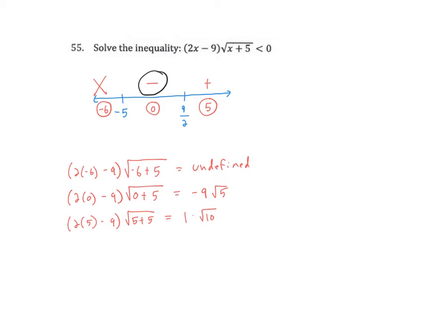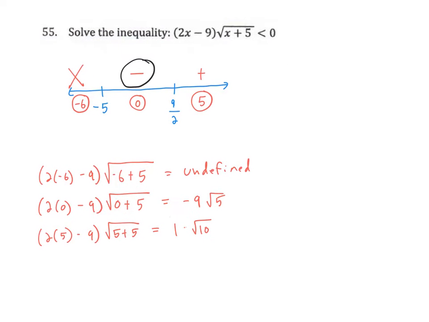So the answer is all the numbers from negative 5 to 9 over 2. Or you could write it as a compound inequality.